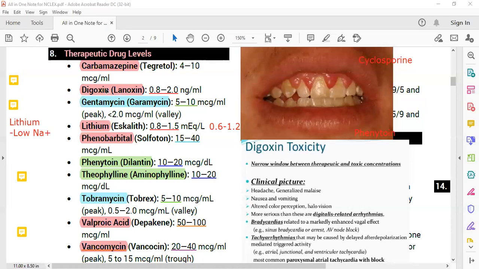The major signs of digoxin toxicity: the patient develops bradycardia, which leads to arrhythmias, visual disturbance or blurred vision, or GI upset. Some patients describe a yellow halo around the light.